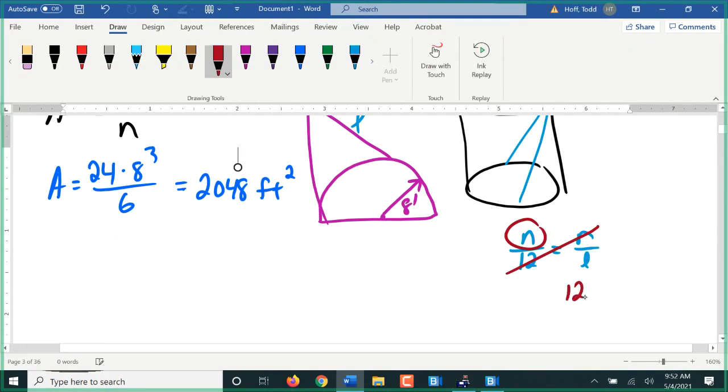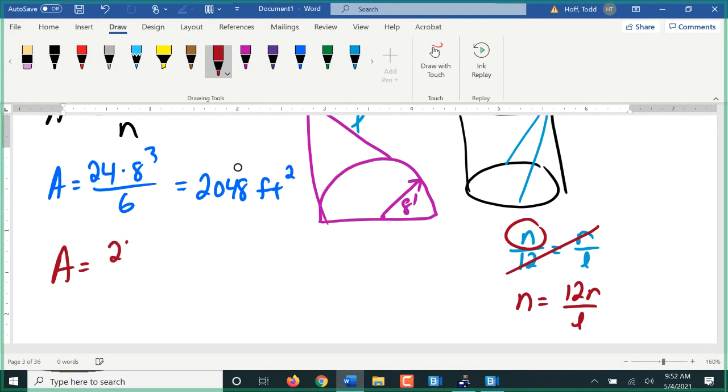So n equals 12r divided by L. So in my original formula up here, I'm going to replace n with 12r over L. Now I'm dividing by 12r over L.